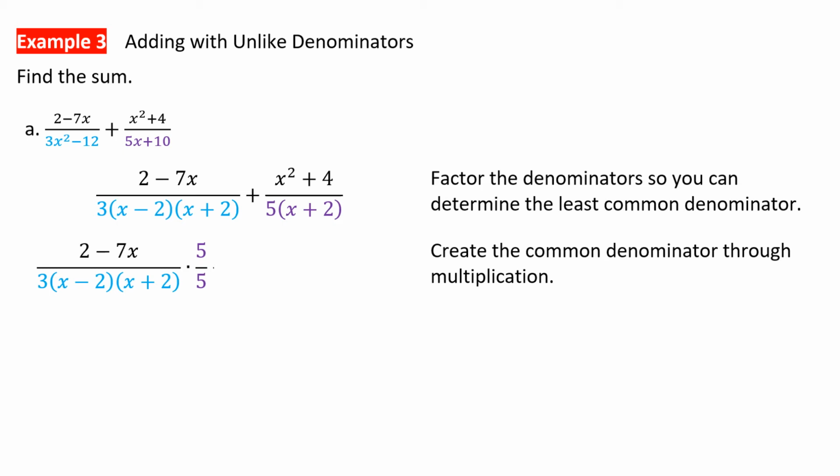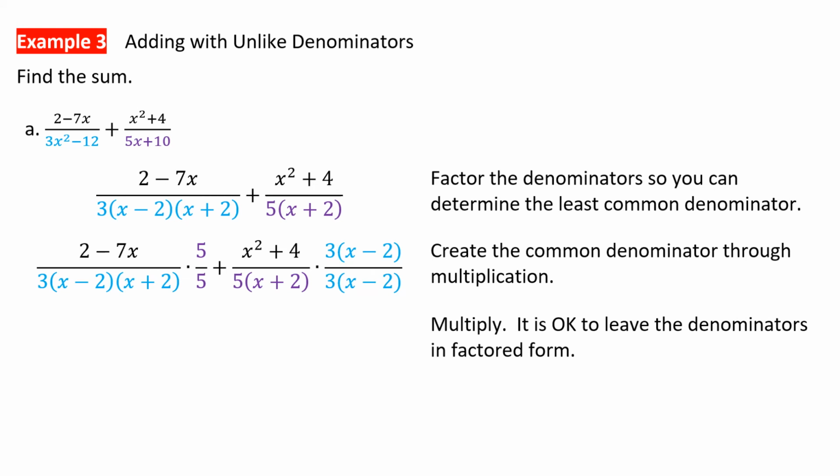So when we do this multiplication, we're changing the look, but we're not changing the value of the expression. On the right-hand fraction, we have the 5 and the x plus 2, but we don't have the 3 or the x minus 2. So when we go to multiply by those, we now have a bigger, more complicated fraction for both, but at least the denominators are the same.